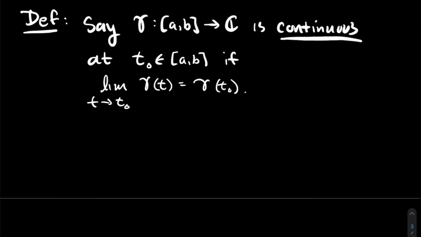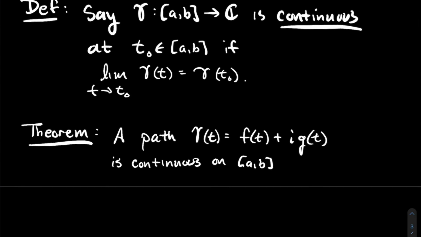And here's a theorem. If you've got a function, perhaps I shouldn't use the word path here, since when you see path, you can take for granted it's continuous. What does it mean to say that a function gamma of t, that has a real part f of t and imaginary part g of t, is continuous on an interval?